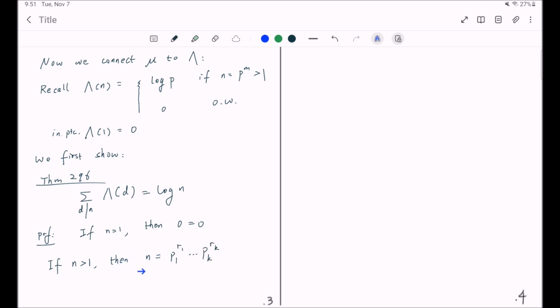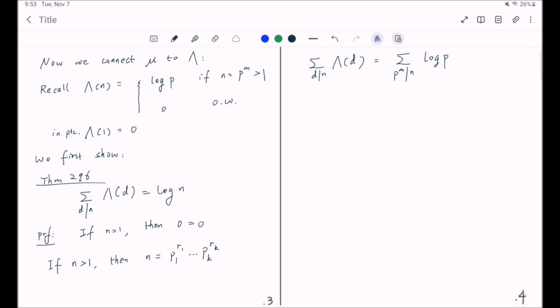In view of this prime decomposition, what is the summation on the left-hand side? By definition of lambda, the sum is precisely equal to the summation of log of p, where some power of p divides n.